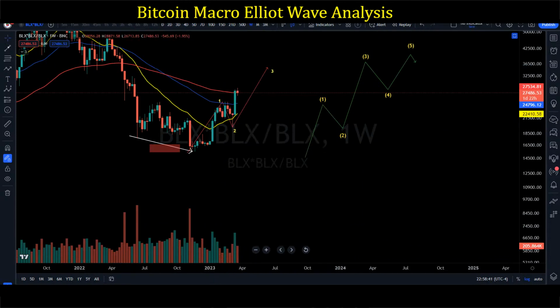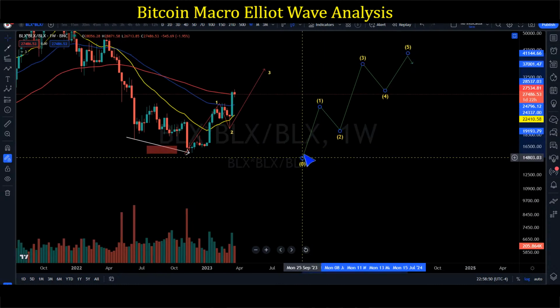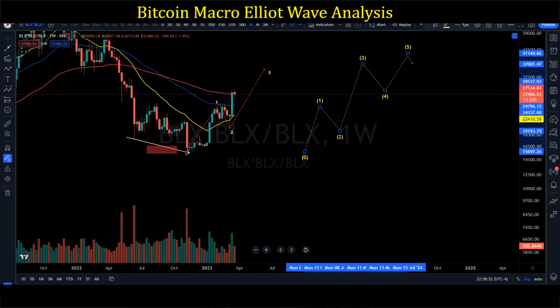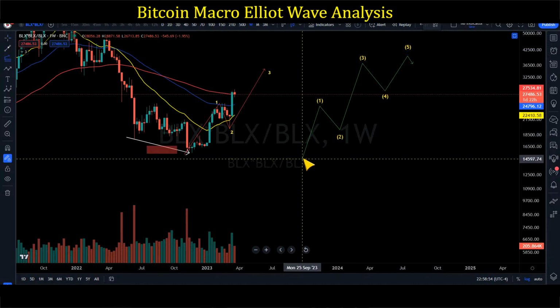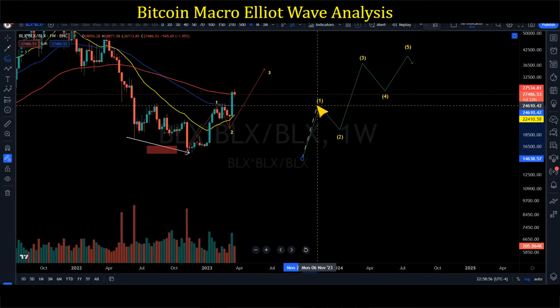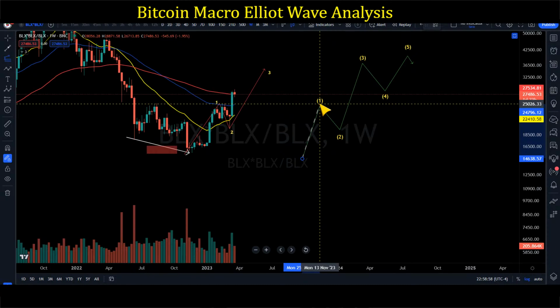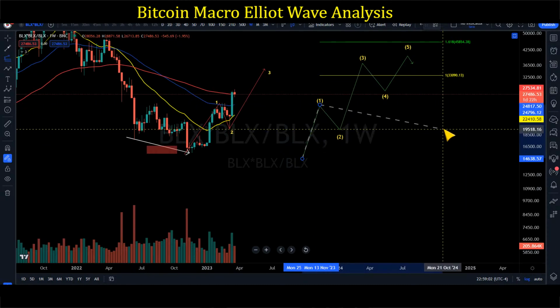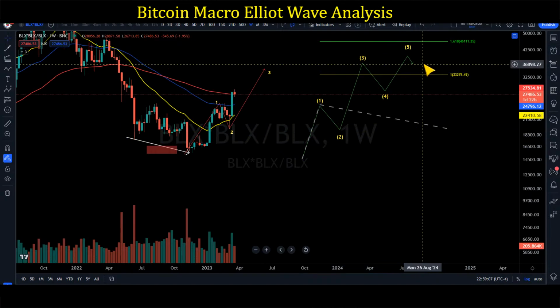So if we take our extension tool, we do a swing low up to swing high, just about 25K, give or take, and swing low again down to 19.5, give or take.